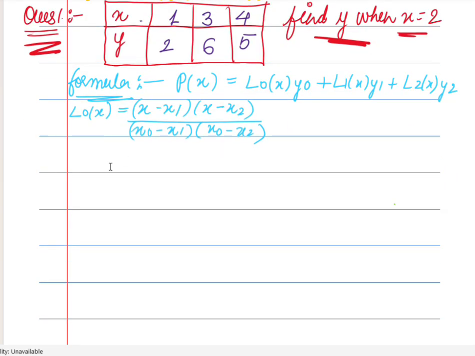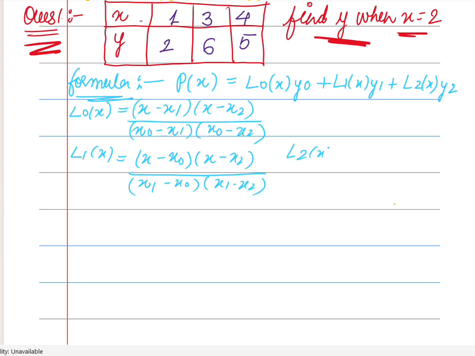I'll tell you guys a trick for this also. अगर मुझे L1 का निकालना होगा तो it is (x minus x0)(x minus x2) upon (x1 minus x0)(x1 minus x2).